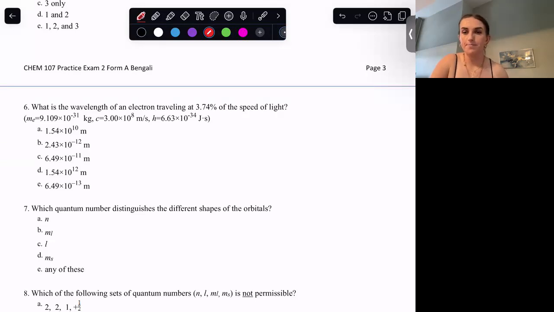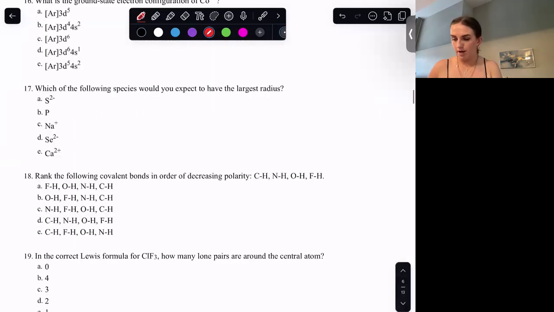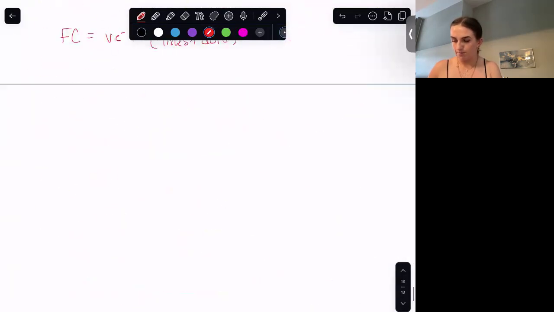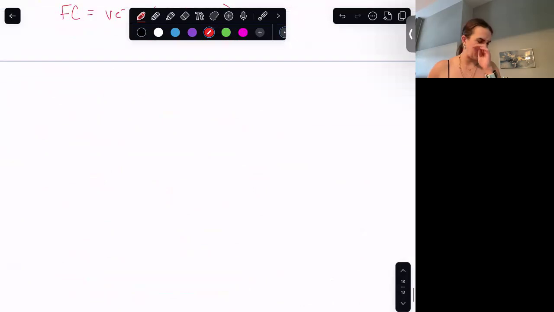Yes, they do. Ionization energy, just remember, that has to do with the electrons.